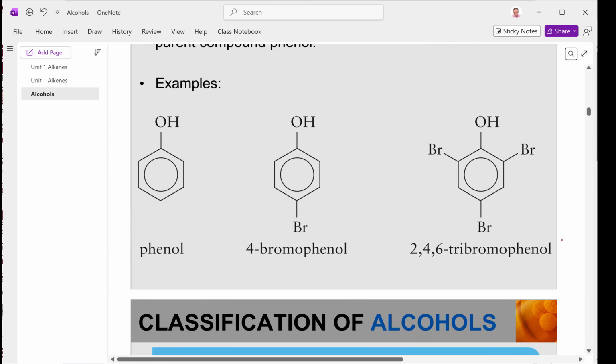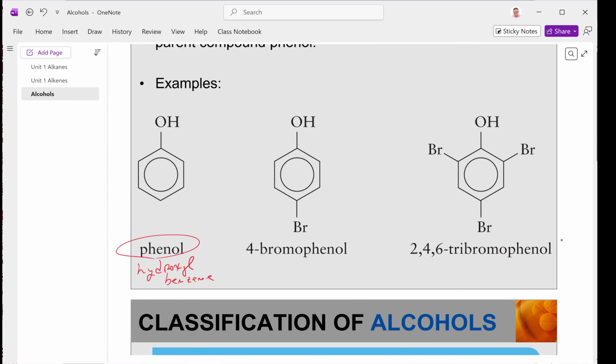Now, aromatically, the simplest aromatic alcohol is phenol, or hydroxybenzene.